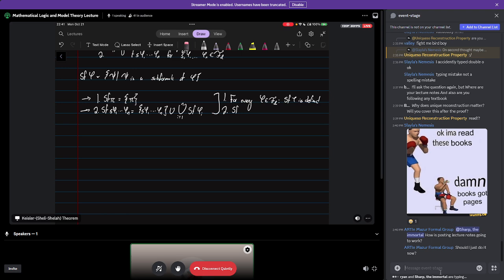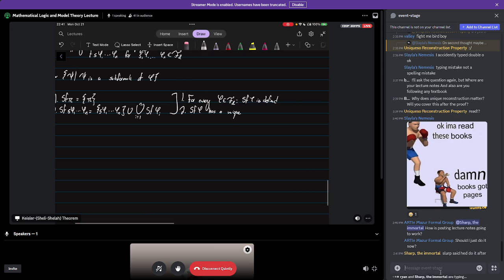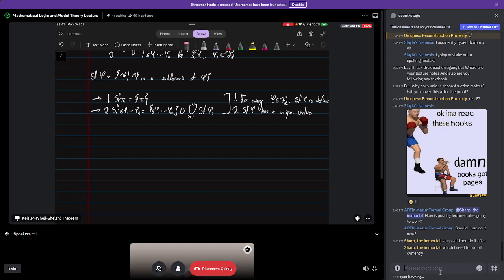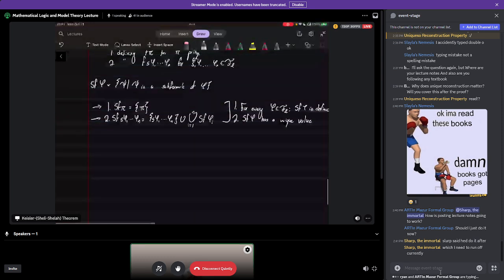And so SF phi has a unique value, right? I can't map one value to two different values. And this is because of the uniqueness part of the reconstruction lemma.